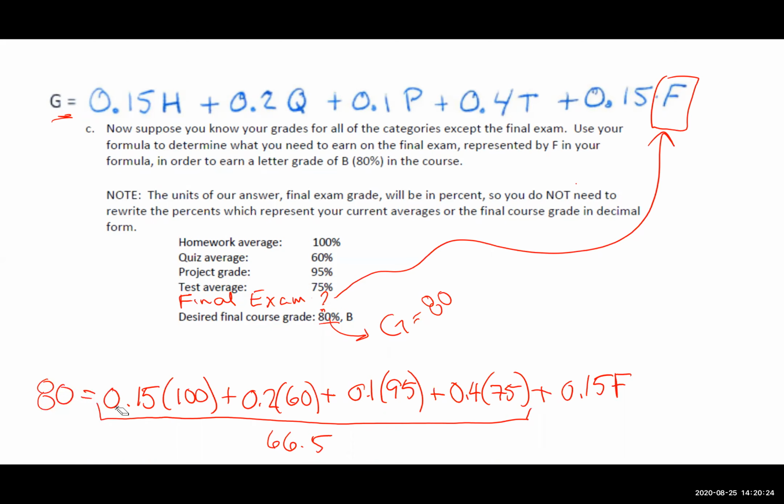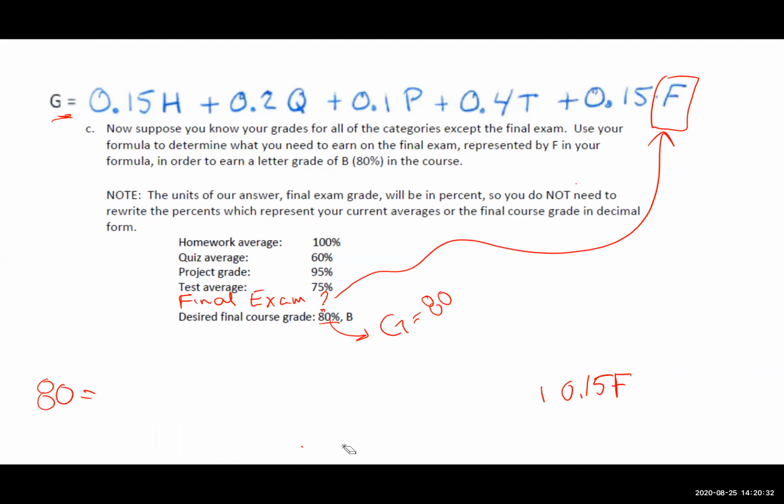So what happens is, the way I get to 80 is I take 66.5 and add that 0.15 times the final exam grade. And just for aesthetics, I'm going to scooch that in. Okay. So I want to get F by itself. So I'm going to subtract 66.5 from both sides.